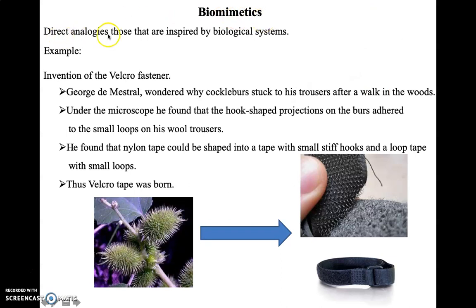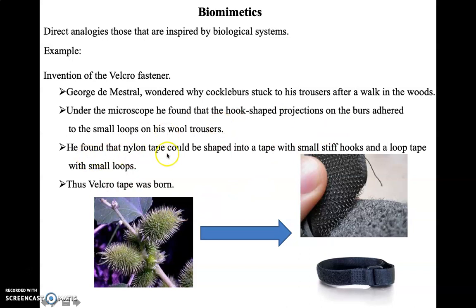biomimetics, which is a direct analogy to those that are inspired by biological systems. If you are taking inspiration from or adapting any biological system, that kind of process is called biomimetics. As you can see, the invention of Velcro fasteners was developed by George de Mestral, with the help of some plants.